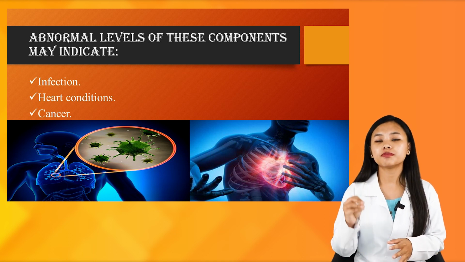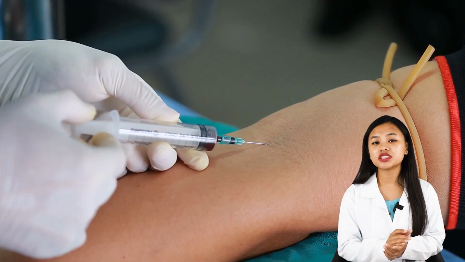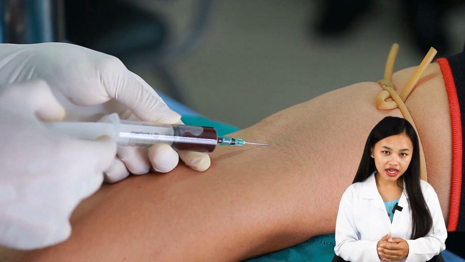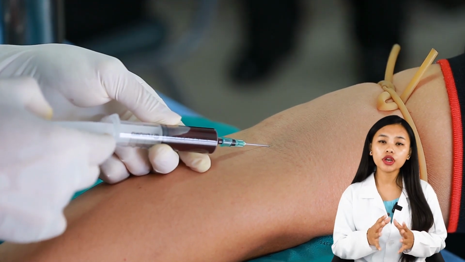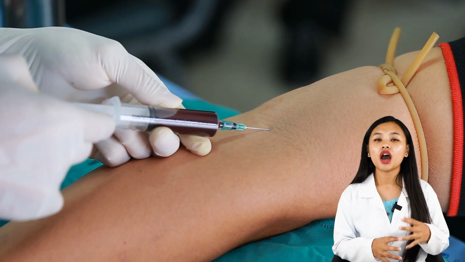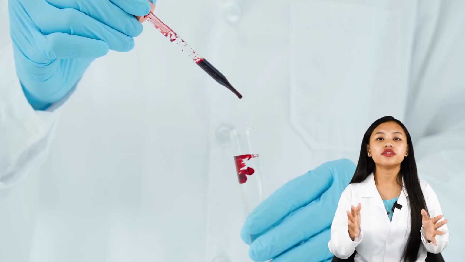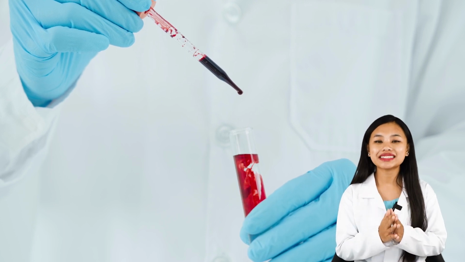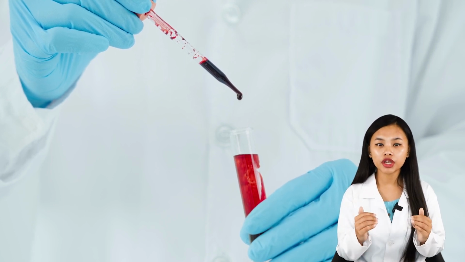So here, just by conducting the CBC test, we will be able to get an idea whether the components, which are the RBC count, the hematocrit, as well as the hemoglobin, are in the normal range or not.